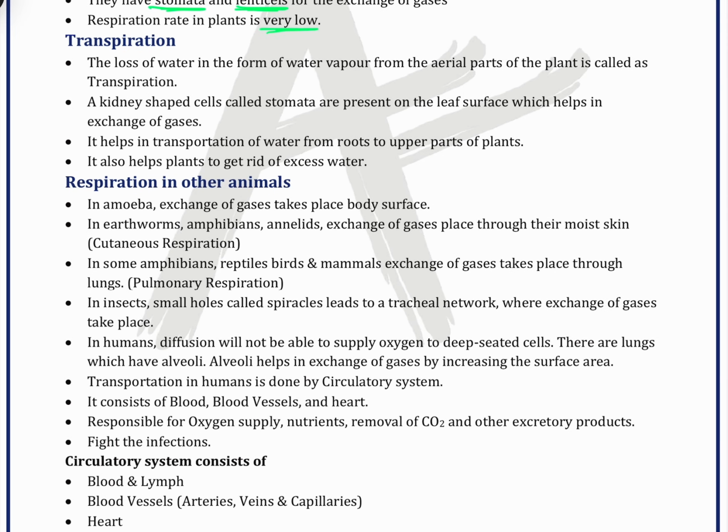Then transpiration. Transpiration is a very common phenomenon; we have all learned it in smaller classes also. Basically, transpiration is the loss of water in the form of water vapor from the aerial parts of the plant. The kidney shaped cells called stomata are present on the leaf surface.